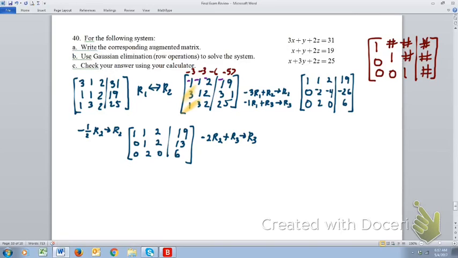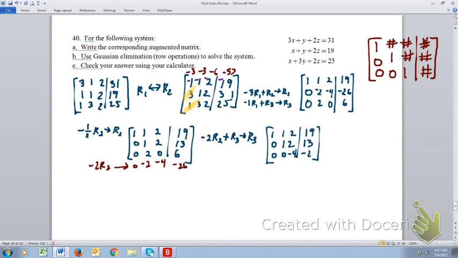Negative 2 times row 2 added to row 3 is going to be my new row 3. So I'm going to go ahead and write the first two rows, and multiply negative 2 times row 2, and write that at the bottom. That's what I just wrote here. Let's add that to row 3.